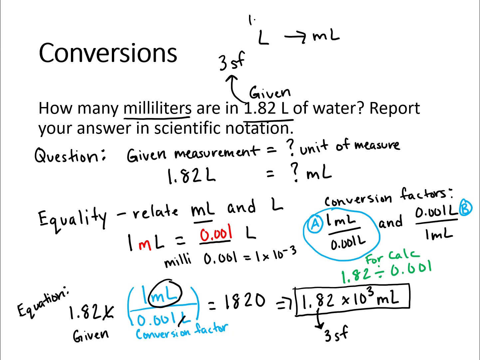The liter is bigger. So when we take that liter and break it up into something smaller, we should get a number that's bigger than the number of liters. So if we've got 1.82 liters, the number of milliliters should be bigger than 1.82.